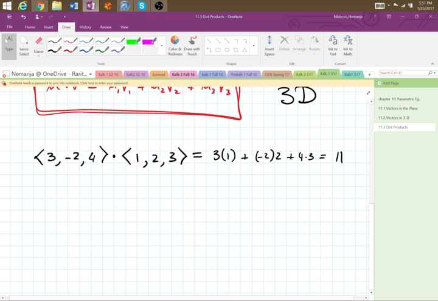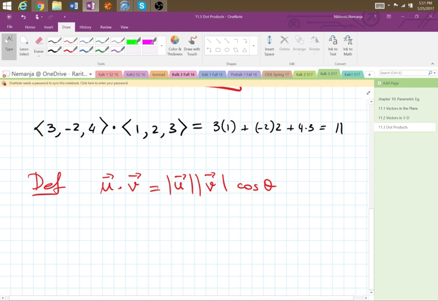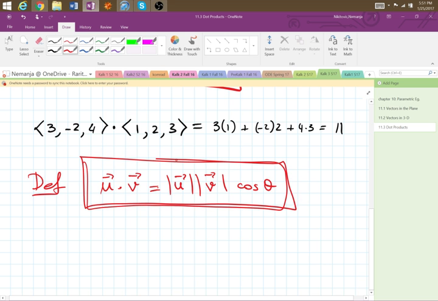So for this one, it's labeled as the definition. The dot product in any dimension, u dot v, is going to be magnitude of u times magnitude of v times the cosine of theta. And theta is the angle between vectors u and v.